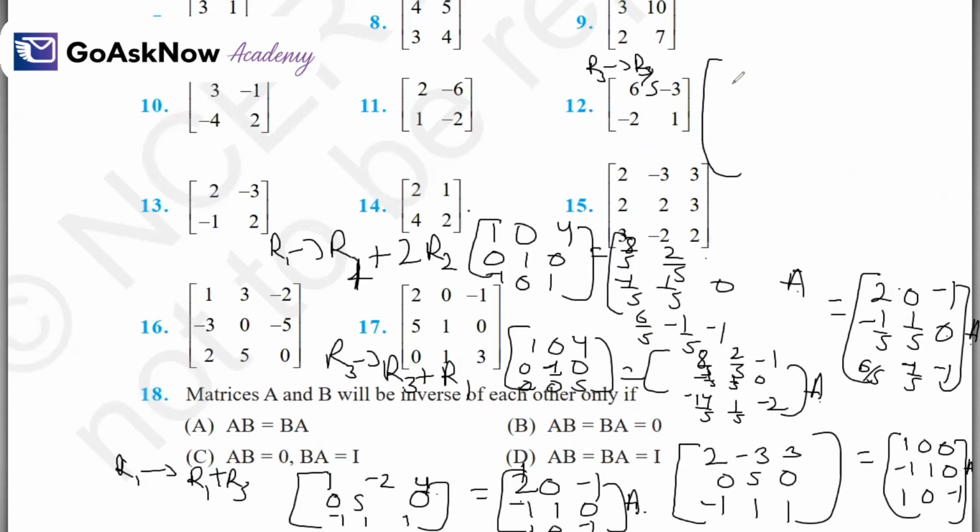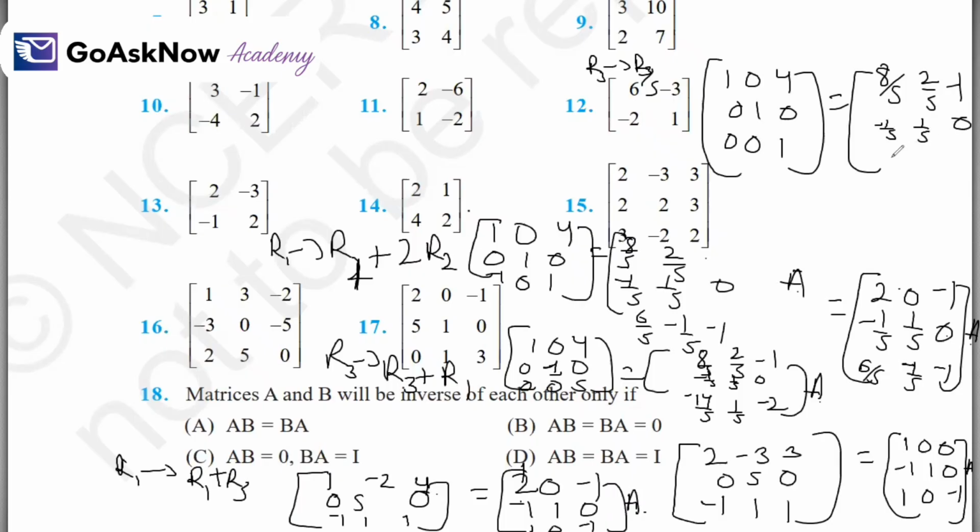So you will get 1 0 4, 0 1 0, 0 0 1, and here you will get 8 by 5, 2 by 5, minus 1, and here minus 1 by 5, 1 by 5, 0, and here minus 14 by 25, because it is 1 by 5 both the sides, 1 by 25, and here minus 2 by 5.